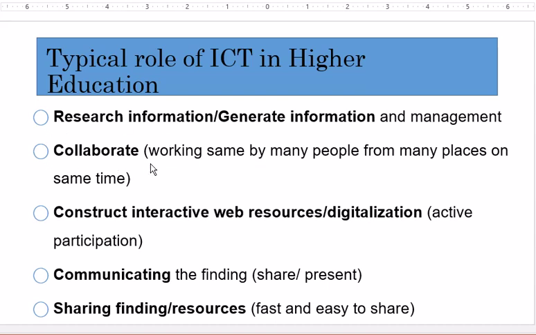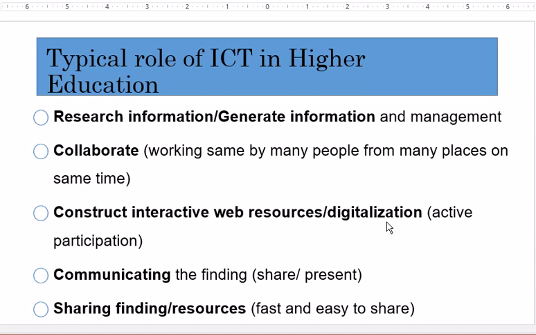So such work can be done together from different places and at any time. So when we say collaboration, it is not necessary that we need to be together. We can be in far-off places, but still we can work on the same task. Construct interactive web resources and digital tools. Today the world is changing.